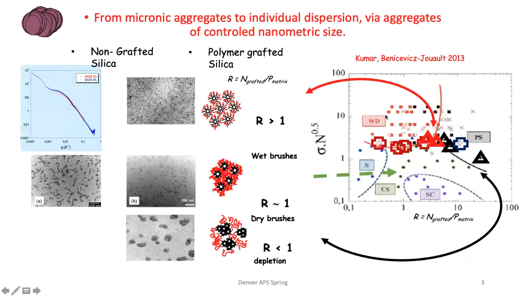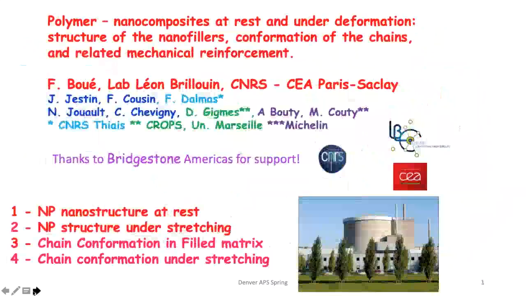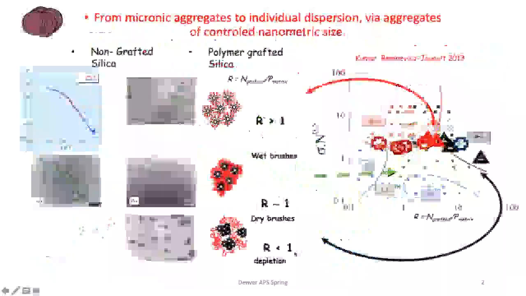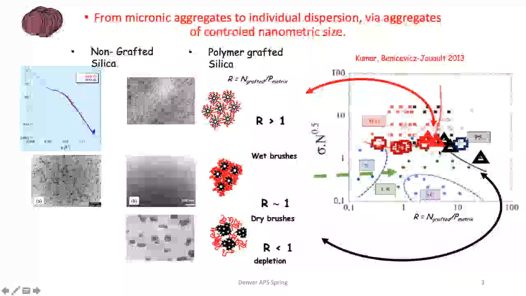You can see on this diagram the different cases which correspond to our samples, and all the other cases which have been collected by Kumar and Tan, which show that you have different regions in this diagram: well dispersed, phase separated on the far right-hand side, and some connected clusters in this other part of the diagram.